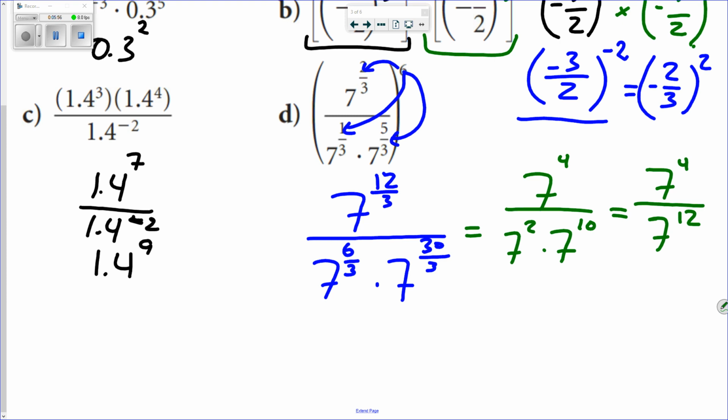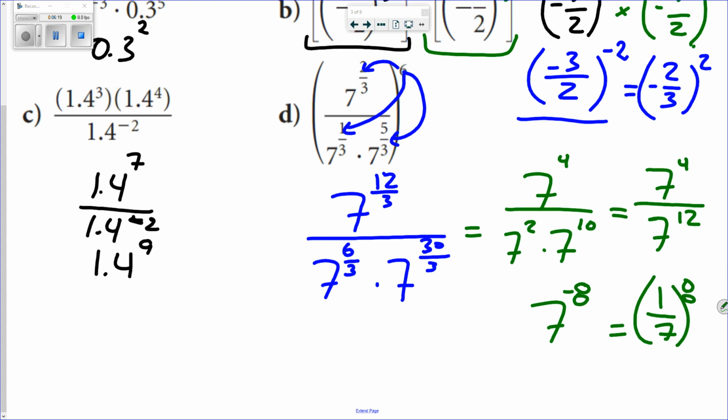And now because we're dividing, we're going to subtract the exponents, and we will get 7 to the negative 8 power, which can be rewritten as 1 over 7 to the 8th power.